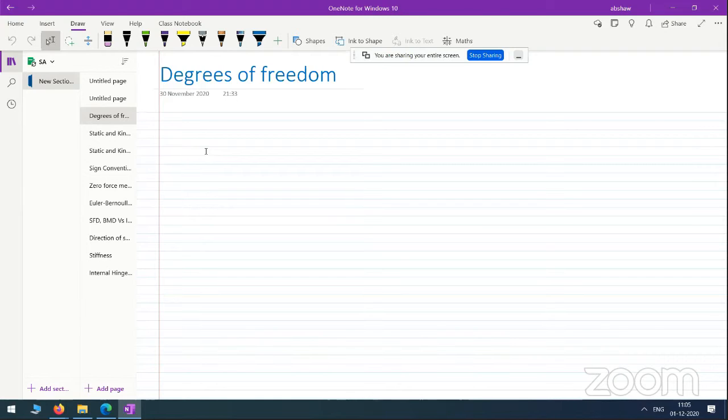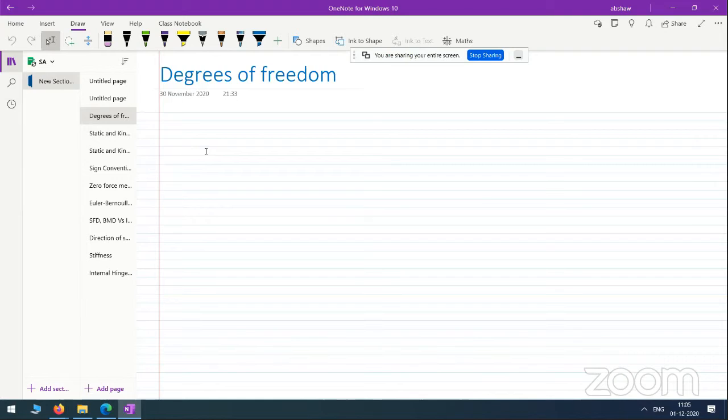This independent term is very important.